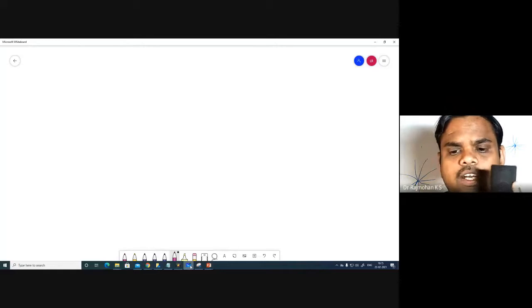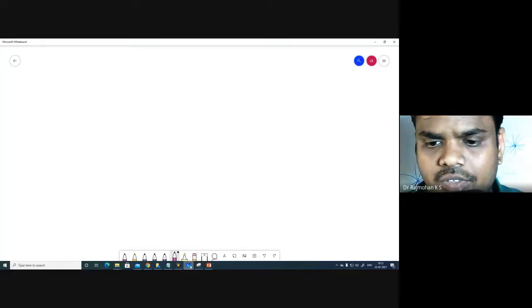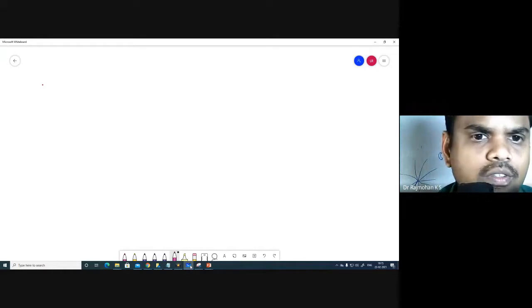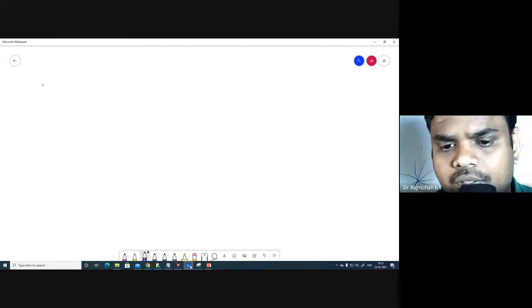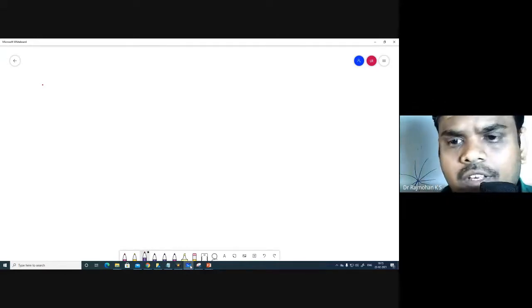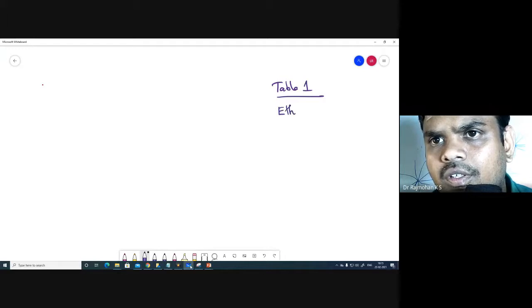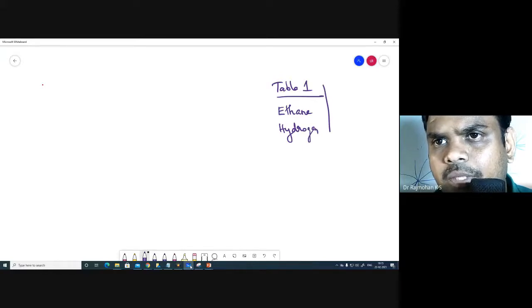So what are the data given for us? First we have to make use of two tables. Let me write that. From table 1 we are going to make use of ethane and hydrogen, and their respective values.